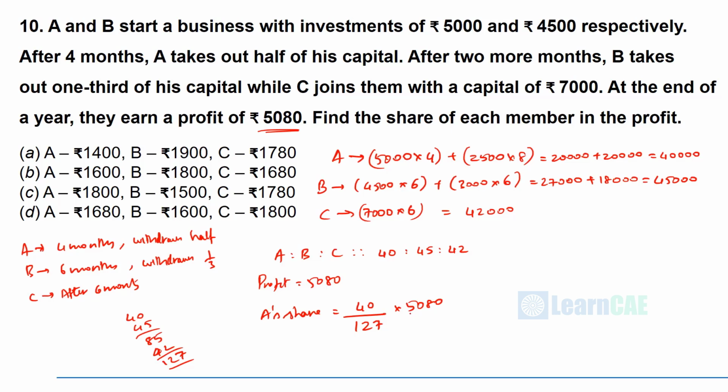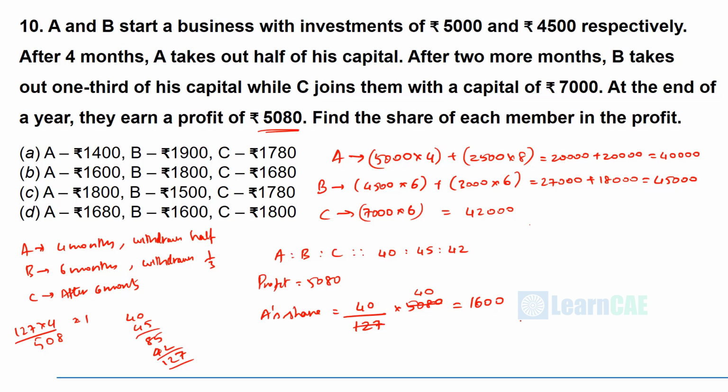Now we have to divide 5080 by 127. Okay, 7 4s are 28, so we shall try to divide 508 by 127, or we can multiply 127 by 4. So 7 4s are 28, 2 4s are 8, 8 plus 2 is 10, and 1 4 is 4 plus 1 is 5. So we can divide this by 40. So A's share will be 1600.